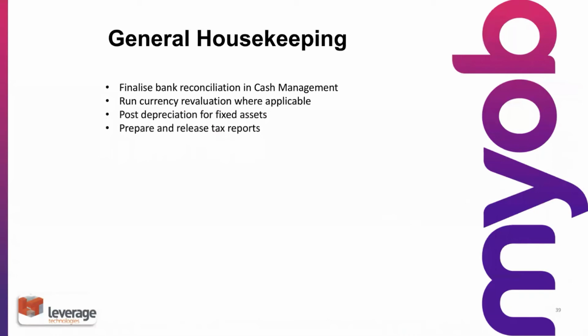I've had a few calls in the past where customers have prepared the tax report for a tax period, and then when they're going to prepare their BAS, I get a call saying the tax report is saying X for a particular tax ID, and I know there's more transactions in there.